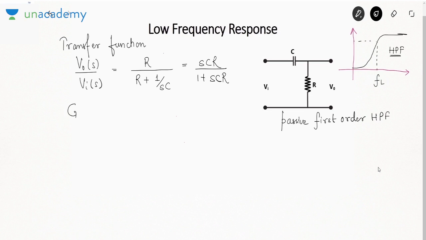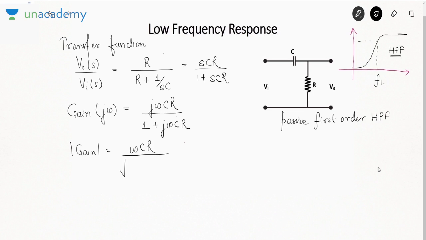That is, you can write the gain as a function of frequency by replacing S by j omega. If you are only interested in magnitude of the gain, then this will become omega CR by under root 1 plus (omega CR) whole square. Or you can write it like this, 1 by under root 1 plus (1 over omega CR) square.